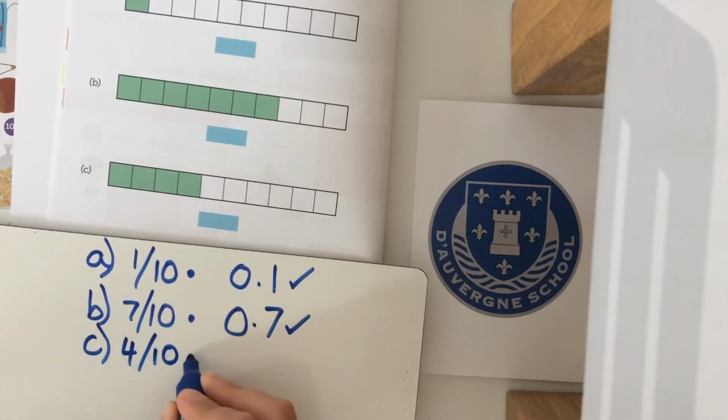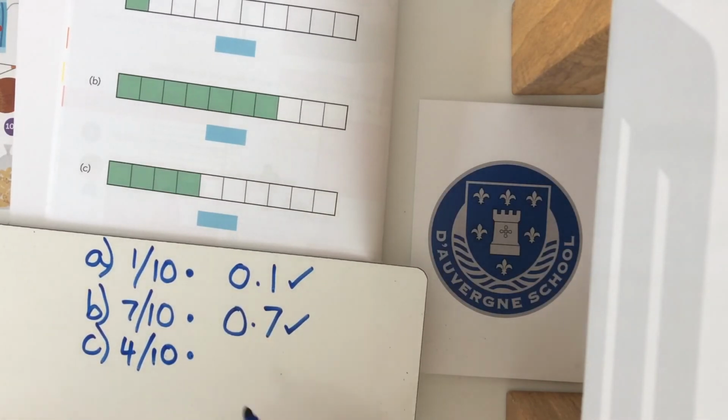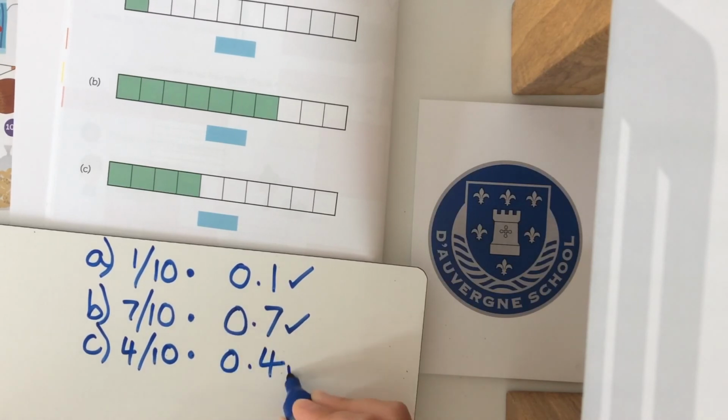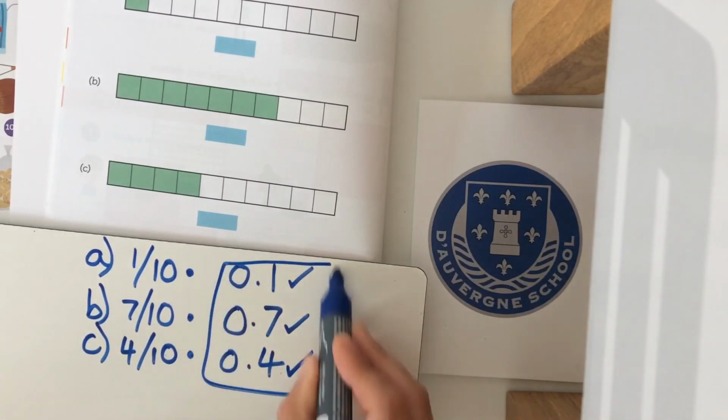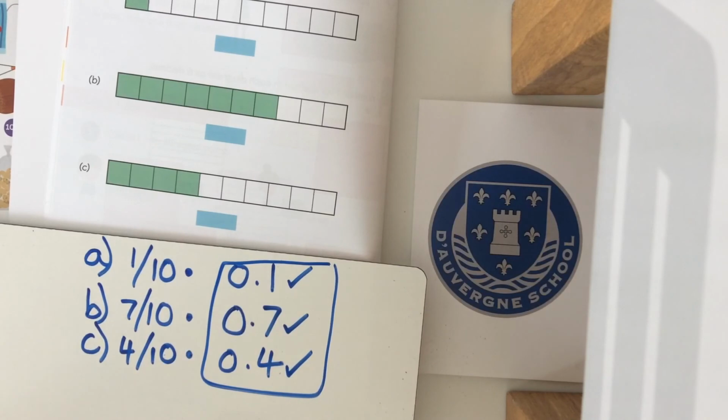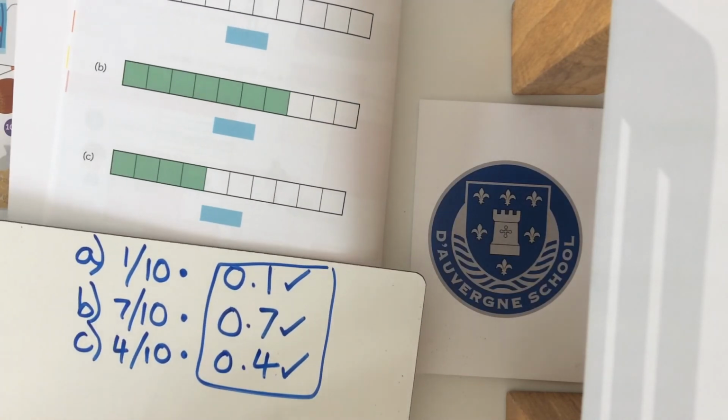So 4 out of 10, that's not my answer. We're going to convert it into a decimal, which is 0.4. So these are all decimals. That's what we had to write in. Well done if you got those correct. At the moment, it is just counting the squares and being able to write it as a decimal. Okay?